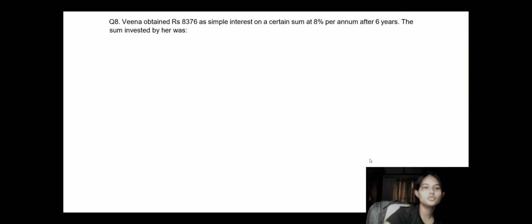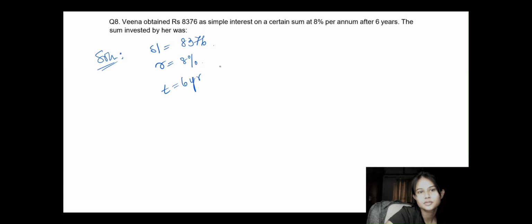Okay. Coming to Veena obtained 8,376 as SI on a certain sum at 8% per annum after 6 years. The sum invested by her was, so given to us the SI, that is 8376. Rate is 8%. Time is 6 years. We have to find the principal. Pretty easy.